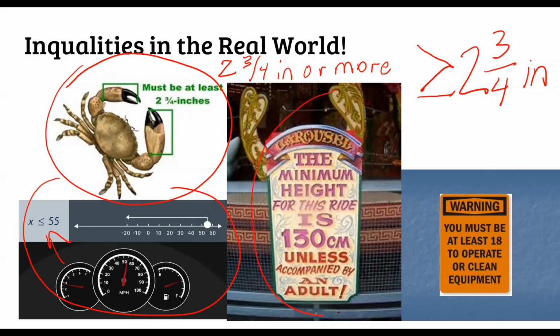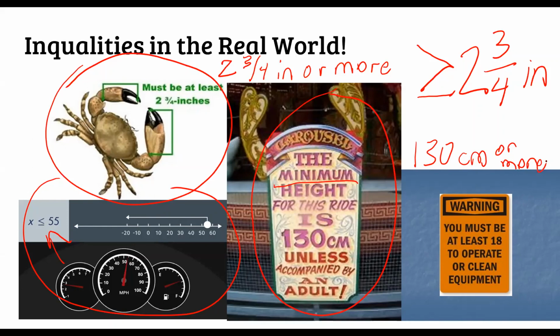Here we see a carousel, and you see this a lot at theme parks. It says the minimum height for this ride is 130 centimeters unless accompanied by an adult. So that means, again, I try to reword it to understand what's going on, that would be 130 centimeters or more. I'm going to go ahead and switch this to a tablet so I can actually write correctly.